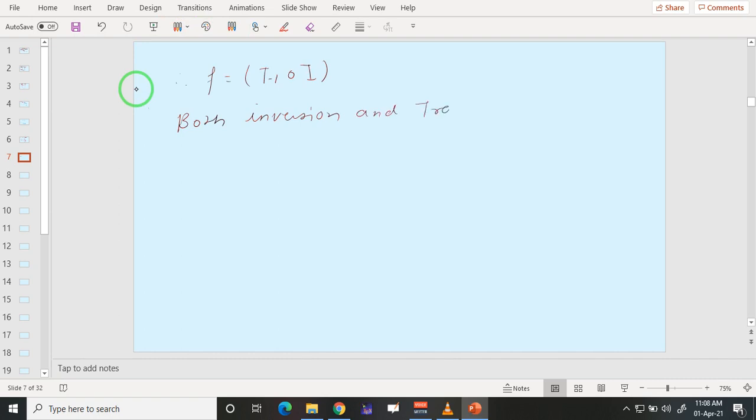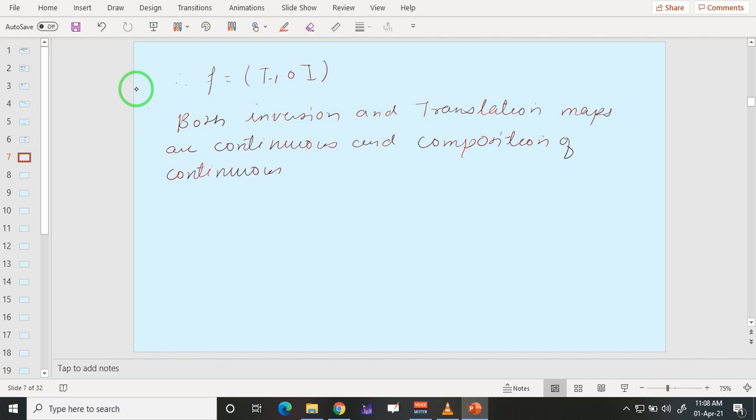Inversion and translation maps are continuous. Hence, the composition of continuous functions is continuous.